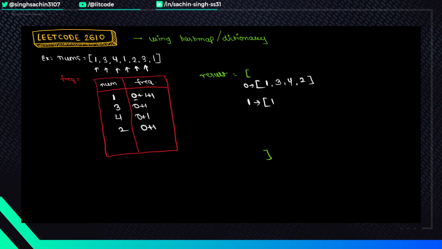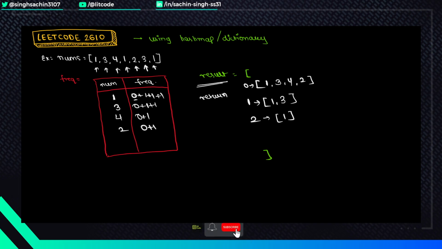Then we have 3 again, so 3 we have already seen, so we will add 3 in this and increment 1 in the frequency counter. Again we have 1, so we have already seen 1 two times, so we have to create another row for that, and we will increment the frequency counter again. So this is the overall approach, and this will be our result which we will be returning at the end.